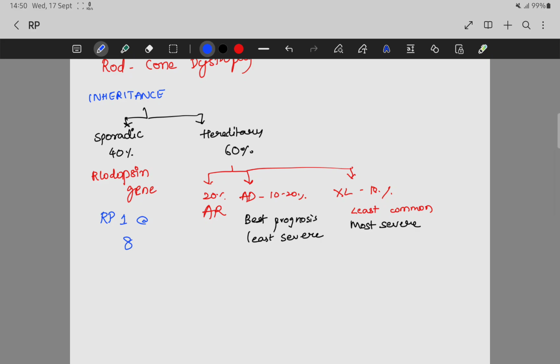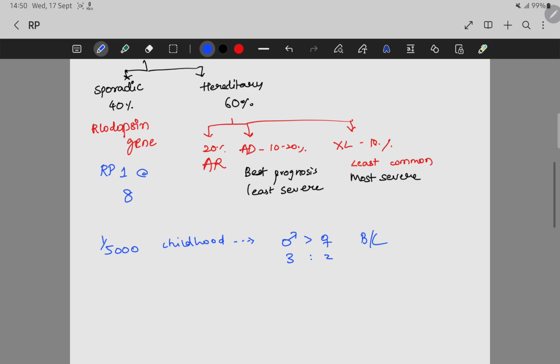It is seen in 1 in 5,000 people. It appears in childhood and slowly progresses. Males are affected more than females, in a 3:2 ratio, and it involves both eyes.